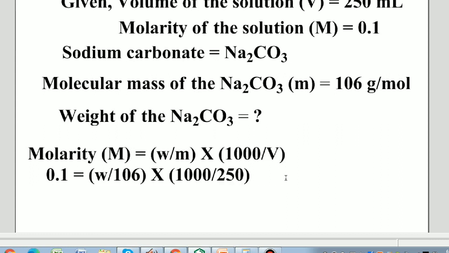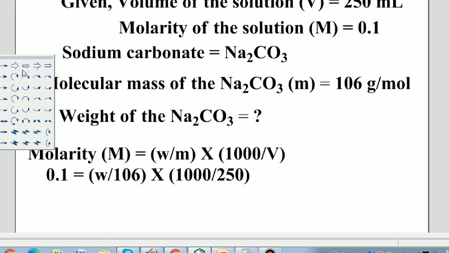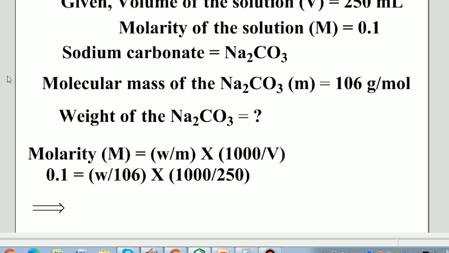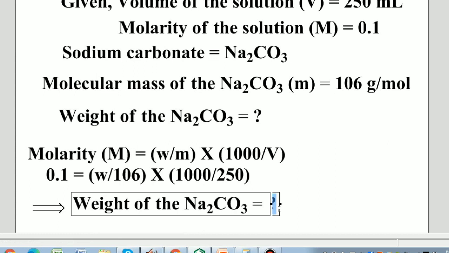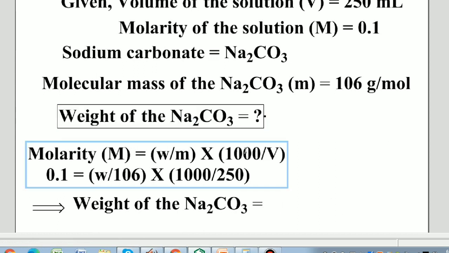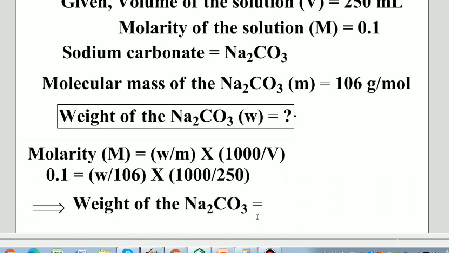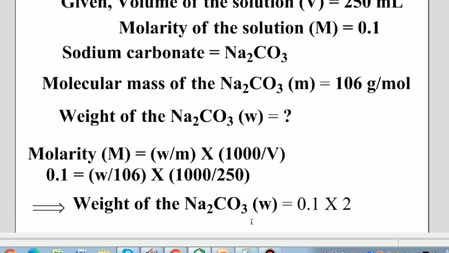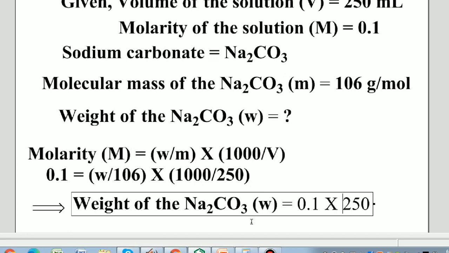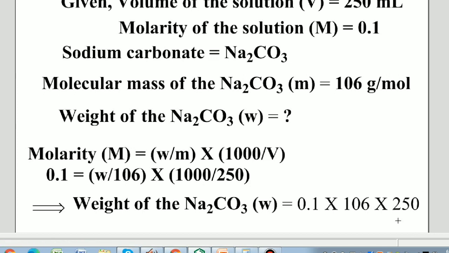So W, the weight of Na2CO3, is equal to 0.1 into 106 into 250 by 1000.